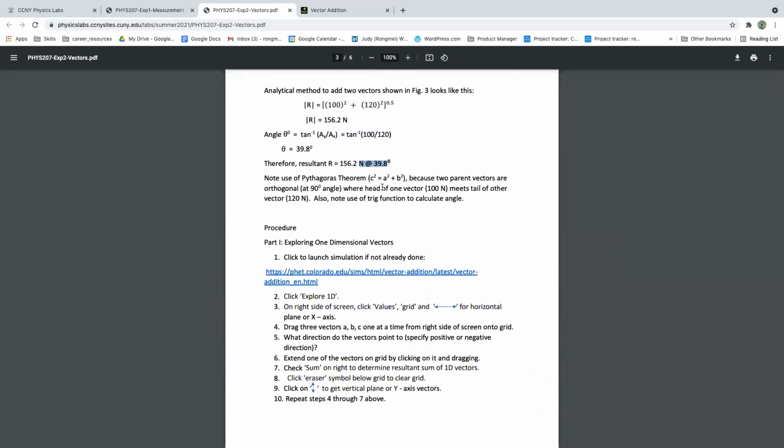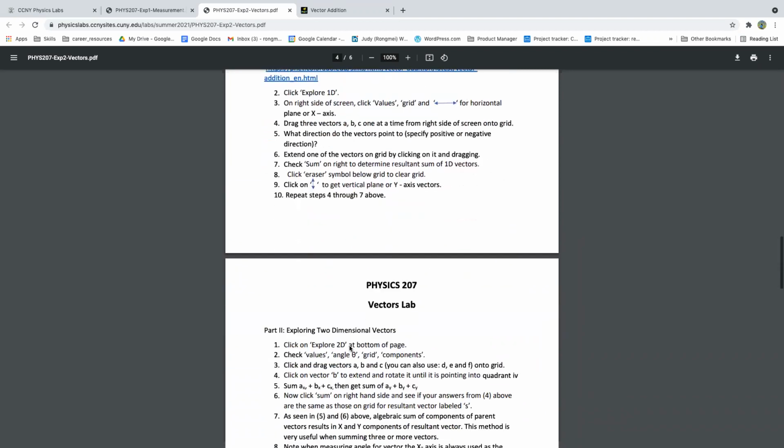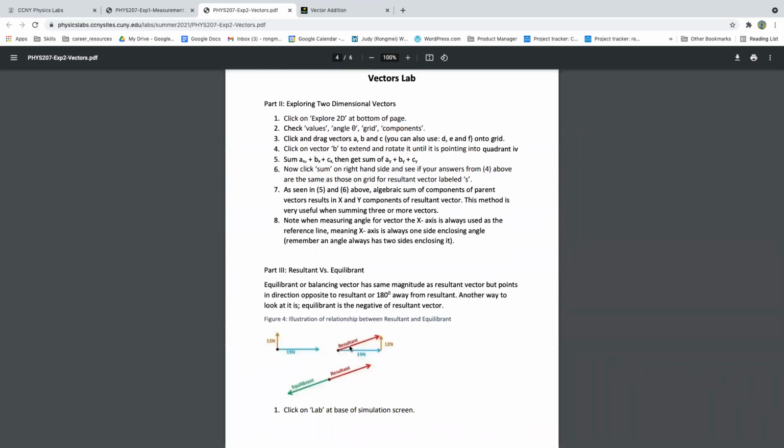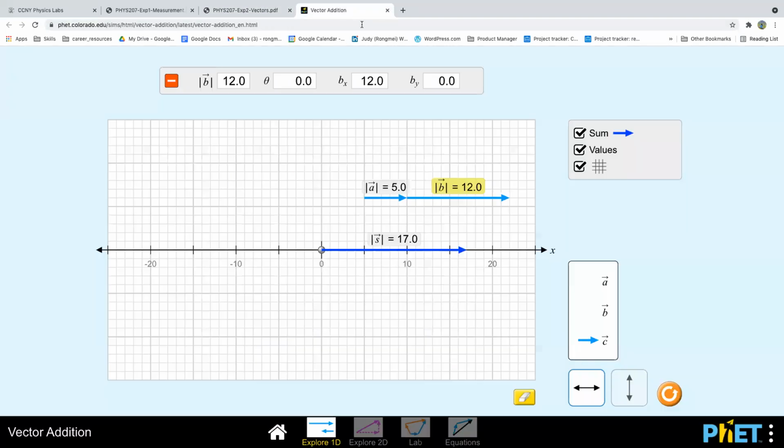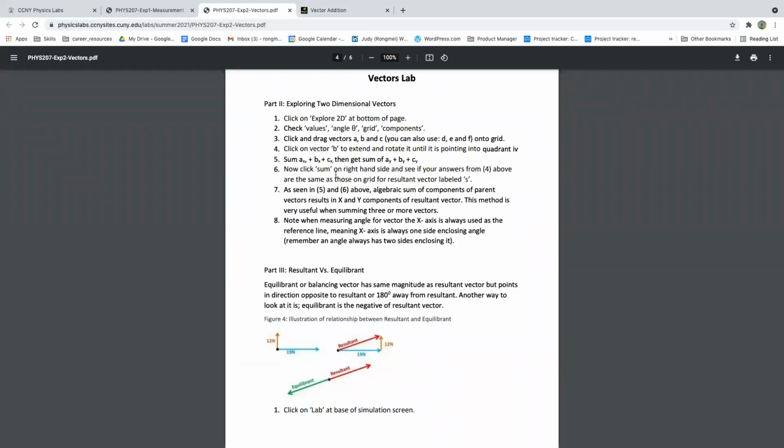Any questions so far? Nope, all good. Thanks. The second part is, I guess, still exploring, for two-dimensional vectors. So let's go back.